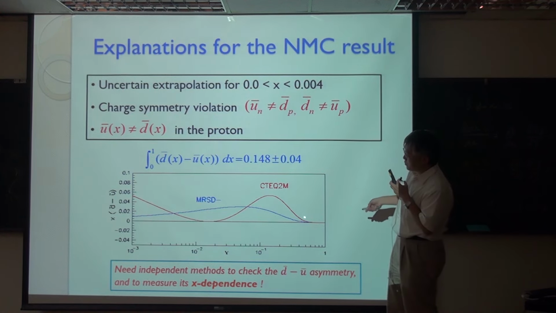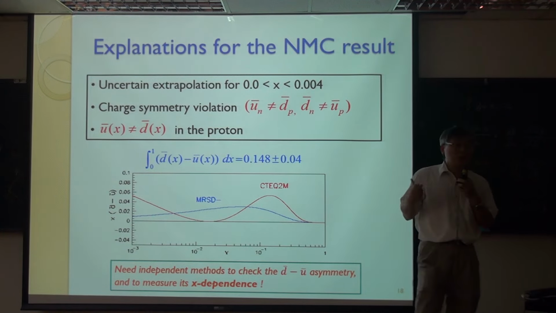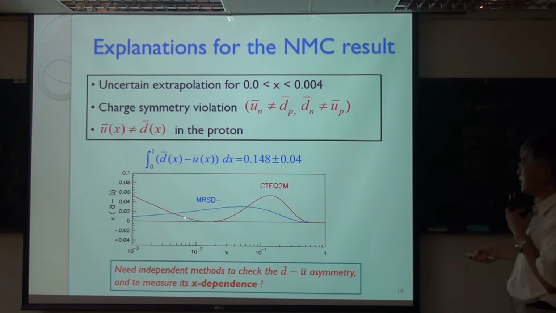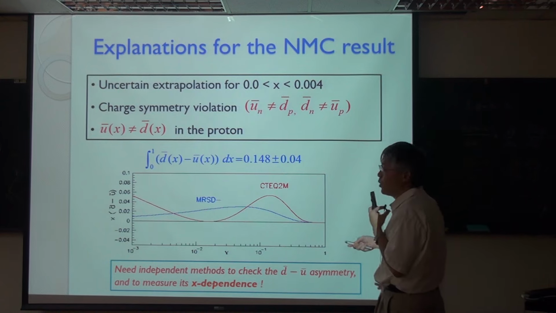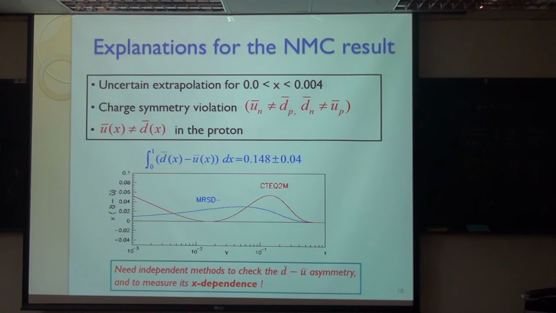This red curve and the blue curve give you the same integral value. But using this DIS structure function method, you have no way to distinguish whether the blue one is true or the red one is true. So you have to rely on a different approach to confirm it.